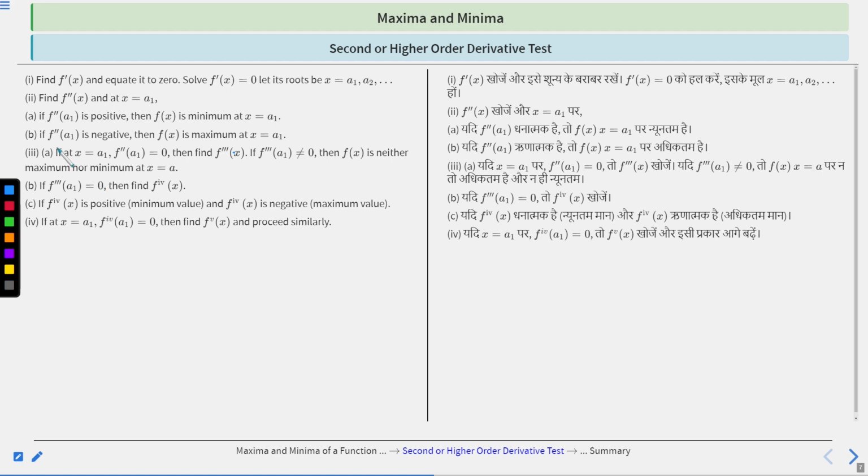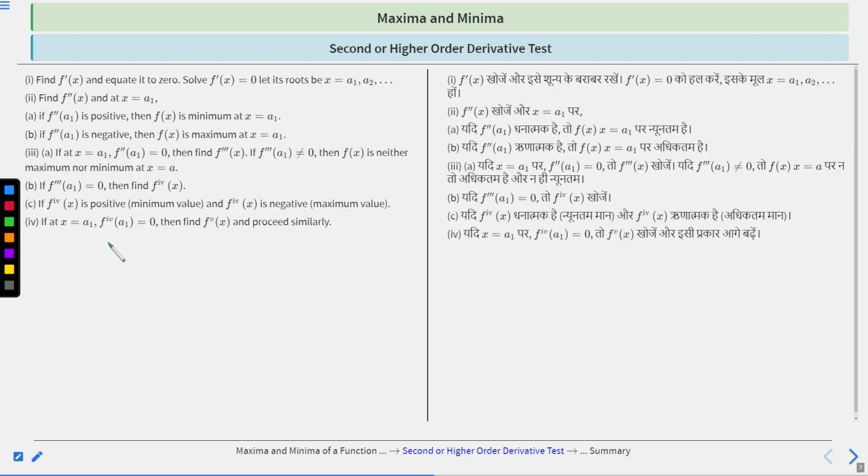Third, if at x equal to a1, f''(a1) is equal to 0, then find f'''(x). If f'''(a1) is not equal to 0, then f(x) is neither maximum nor minimum at x equal to a1. If f'''(a1) is equal to 0, then find f''''(x). If it is positive, minimum value, and if it is negative, maximum value.